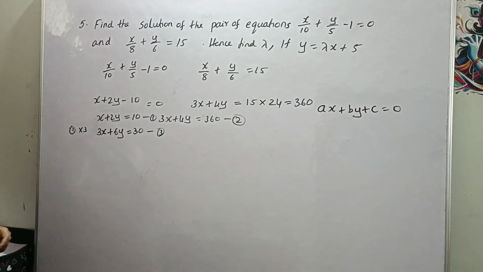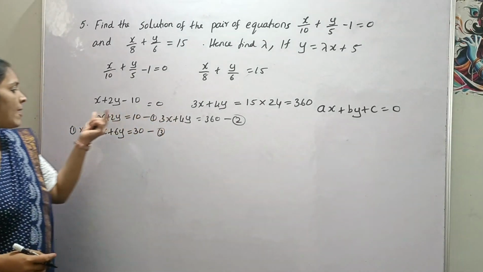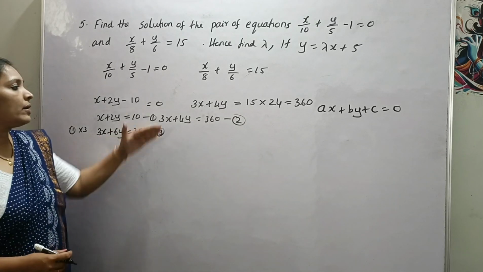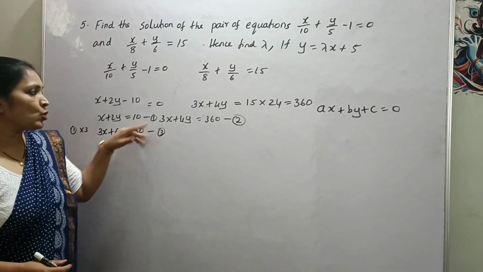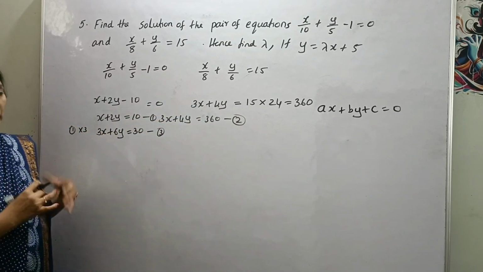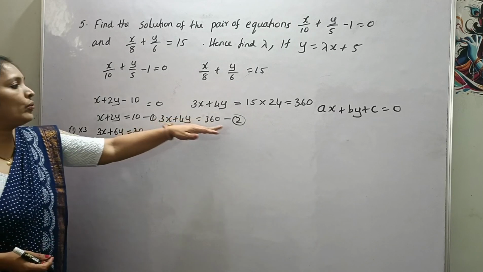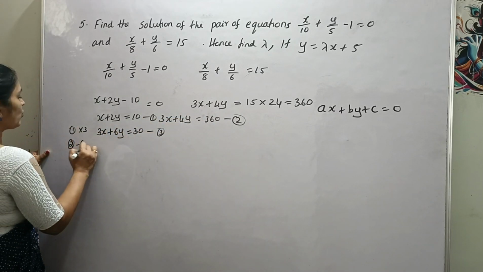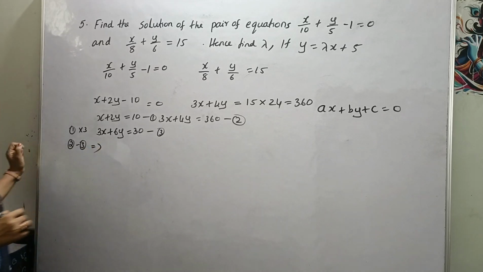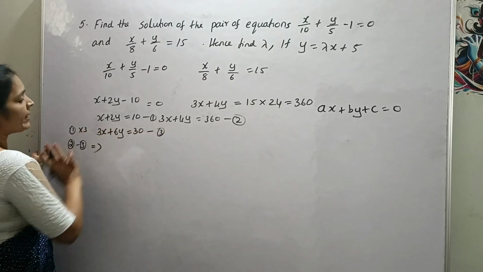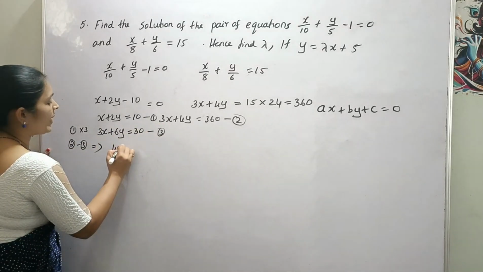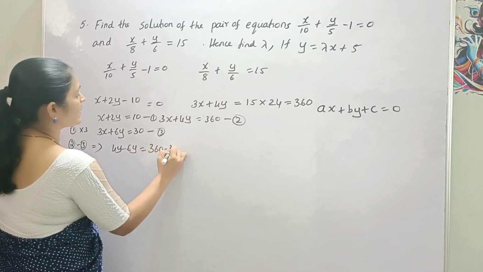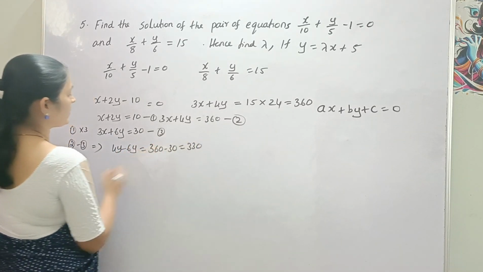Now, 3x minus 3x will be 0, right? So here, subtract these two equations so that the x variable will be eliminated. Equation 2 minus equation 3 gives 3x minus 3x is 0, 4y minus 6y is equal to 360 minus 30, that is 330.